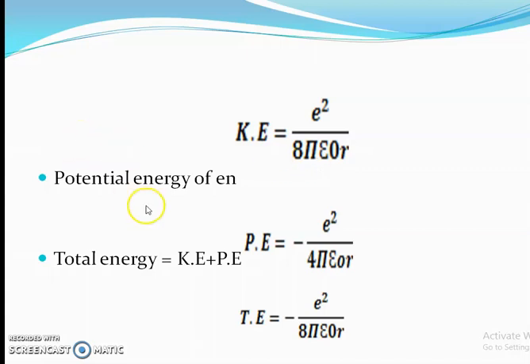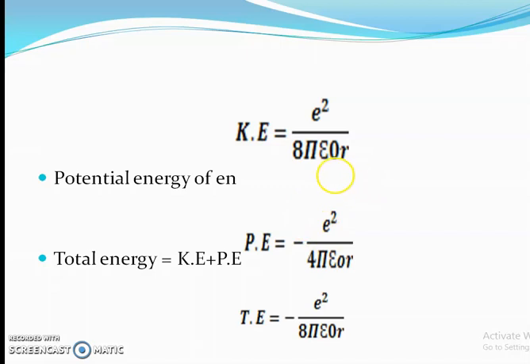Now what is the expression for potential energy? Remember, the potential energy of an electron in a hydrogen atom is negative and its magnitude is given by e^2/(4πε0 r). You can derive the equation for potential energy easily by integrating force with respect to r, the integral of F·dr, or study the equation by itself.